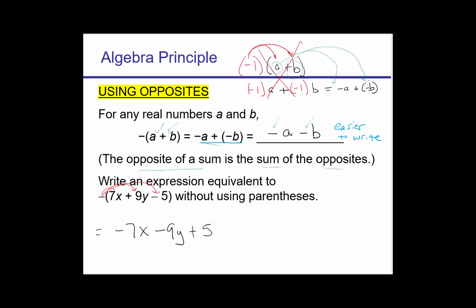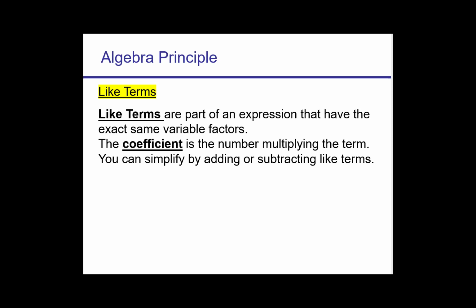Now, I got another principle. Another algebra principle. You have to fill this in. Make sure you write down like terms there. That's a word I want you to understand.